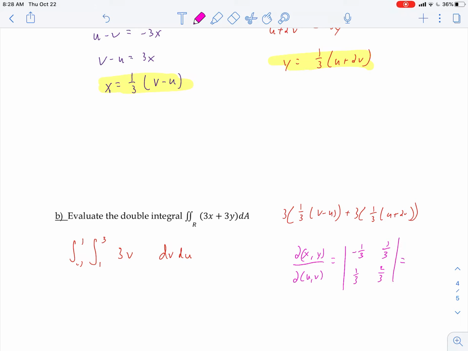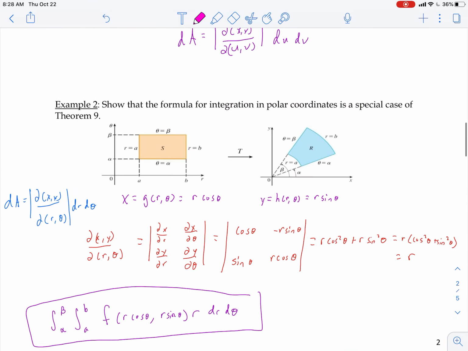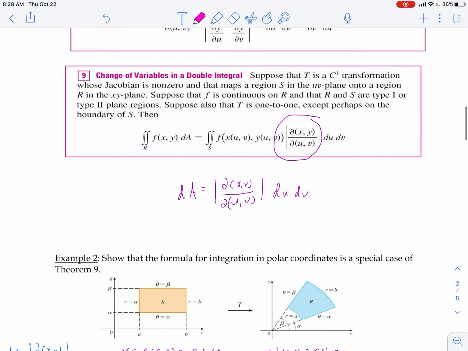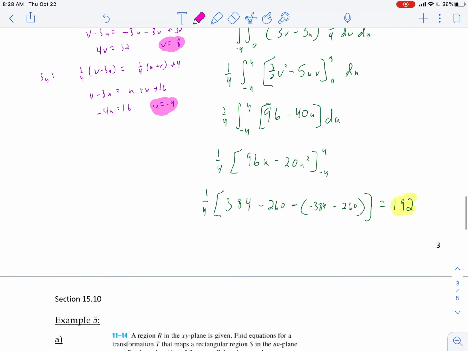All right, let's go ahead and cross multiply. So we're going to get -2/9 minus 1/9, and that's going to give us -3/9 or -1/3. But the Jacobian's always going to be positive, and so it's the absolute value of the Jacobian.